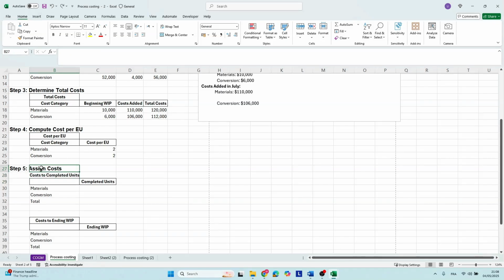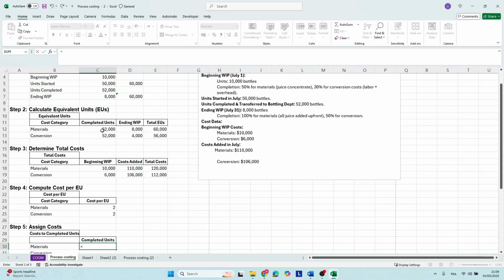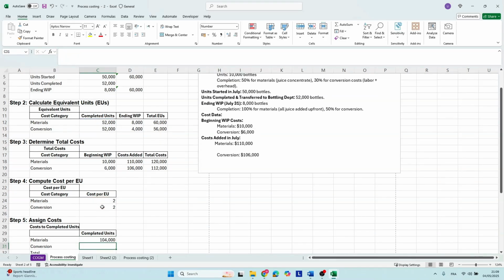Then step number 5 is to assign costs to different units. So we start with the cost to complete units, and we get the total completed units of 52,000 times materials of $2 per unit.